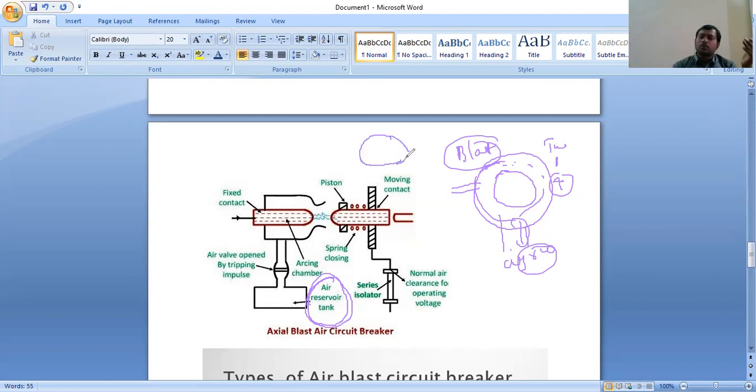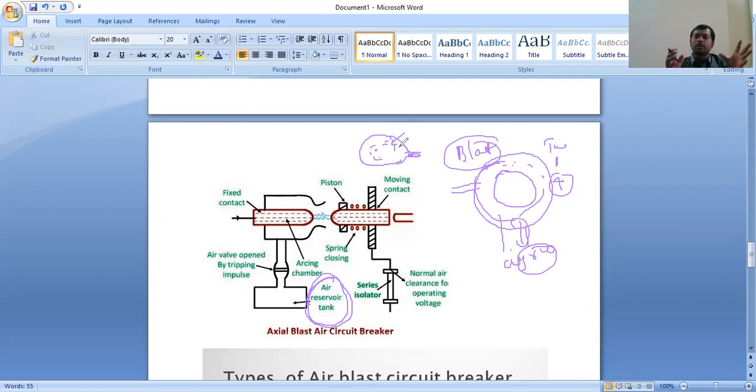If you fill the balloon with more air and press with a needle, immediately it will blast and a huge amount of air will come outside. How the balloon and the tube function, similar functions take place in the air blast circuit breaker.